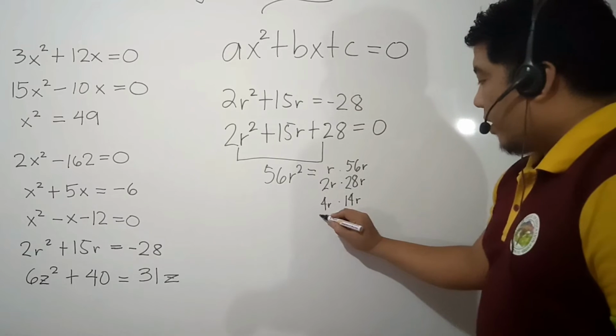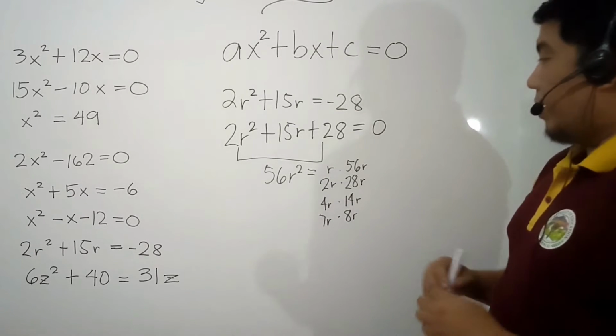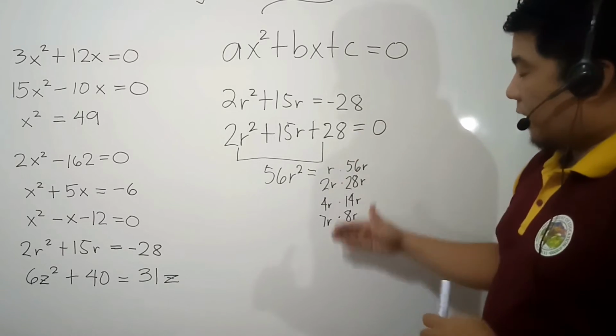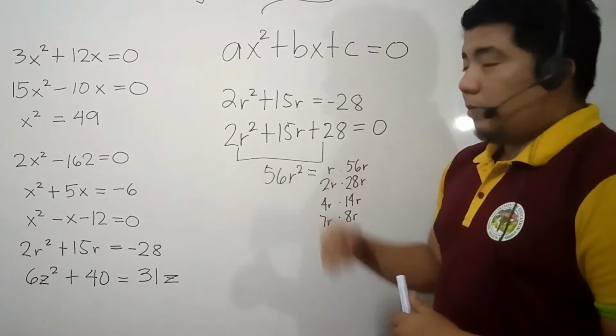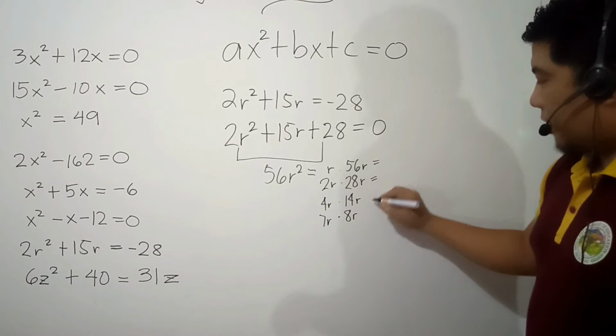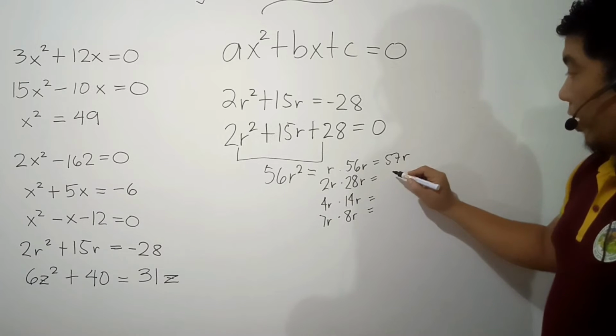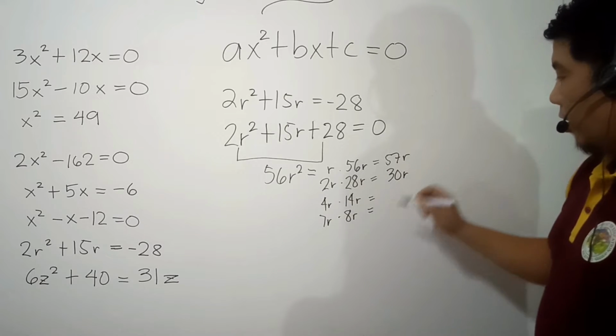And we also have 7r times 8r. Now we are just considering positive pairs because our middle term is positive. So we're just going to add these factors. We have 57r. We have 30r.